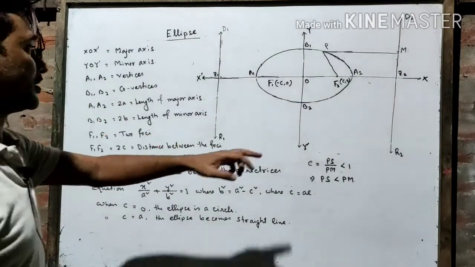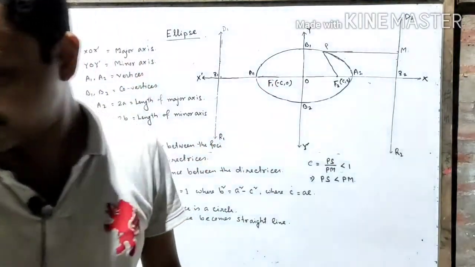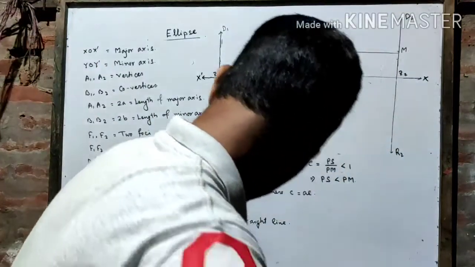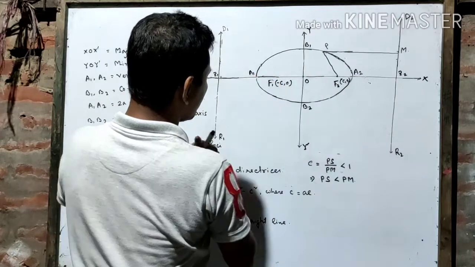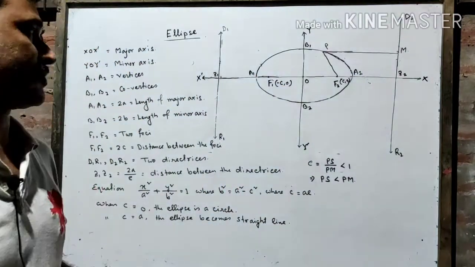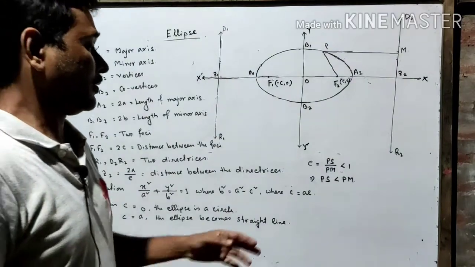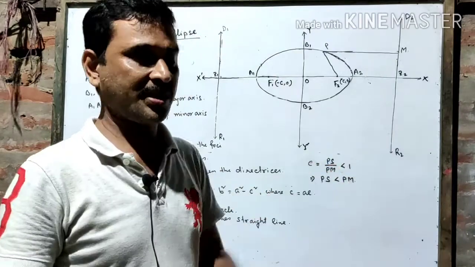Next, these 2 points F1 and F2 are called the foci of the ellipse. Now, eccentricity of ellipse is less than 1, and what is eccentricity?